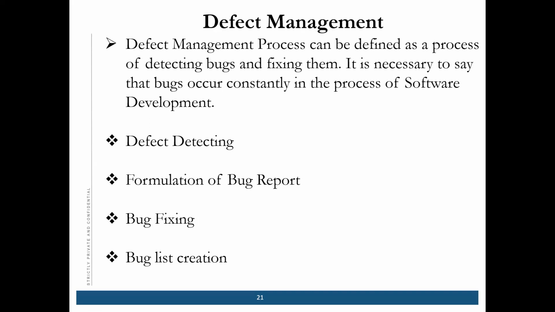And the final step is bug list creation. This is a document that contains all the information about bugs that occur during the project, and the team often uses this list at a later point of time, if similar bugs occur, they can refer to this list.